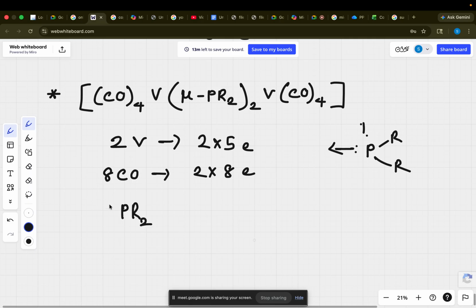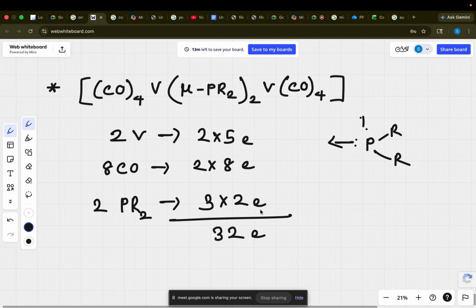This mu PR2 is donating 3 electrons. You have two units, so it will be 3 into 2 electrons. So 10 electrons from here, 16 from here, and 6 from here. Together it will donate 32 electrons. Done.